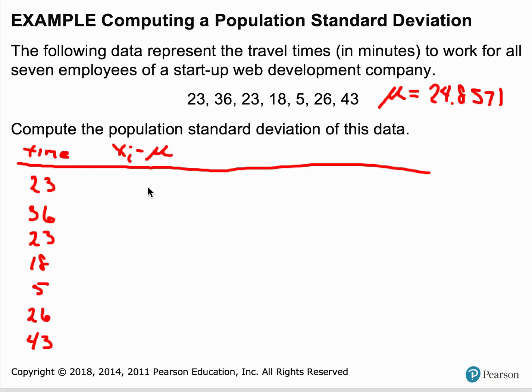So I'm going to say 23 minus 24.8571. Okay, that gives me negative 1.8571. 36 minus 24.8571, which gives us 11.1429.